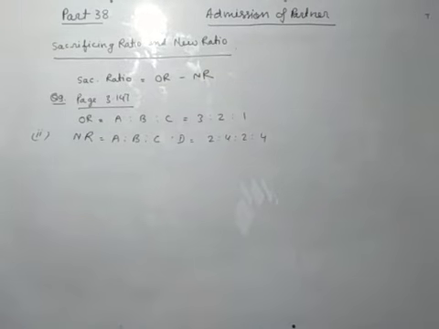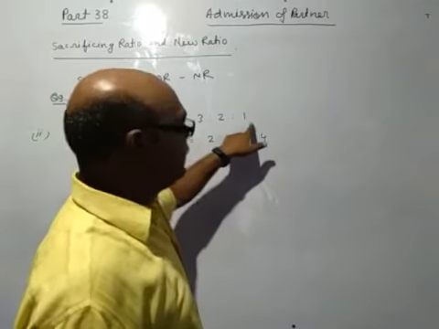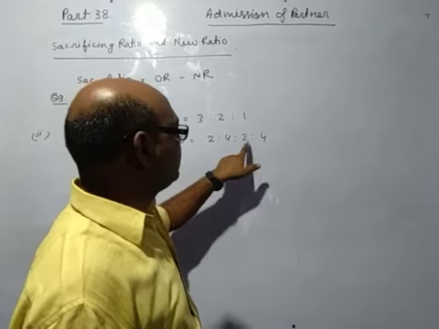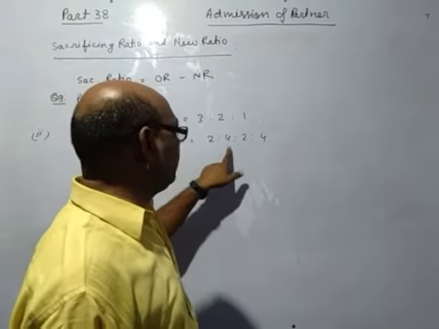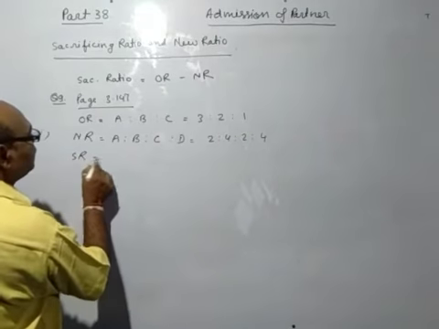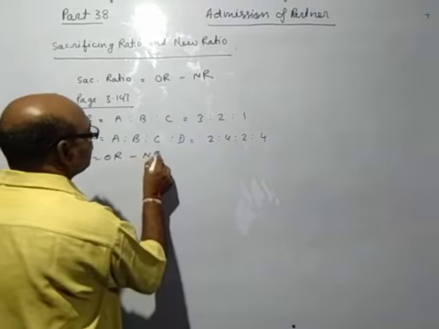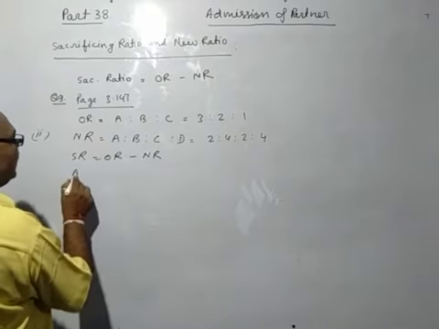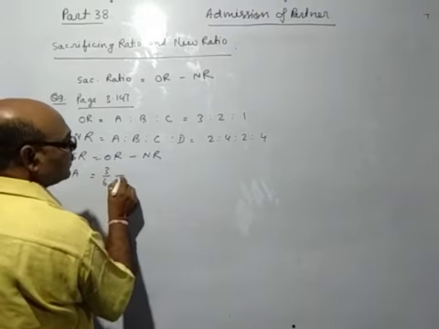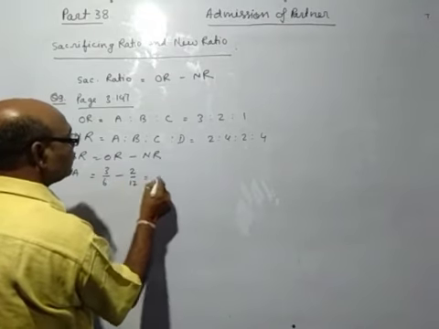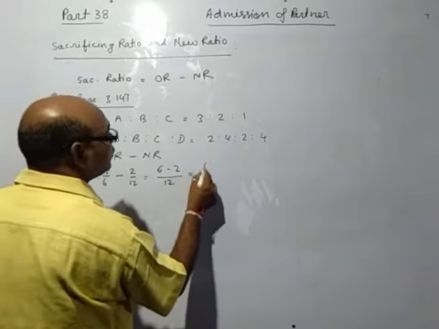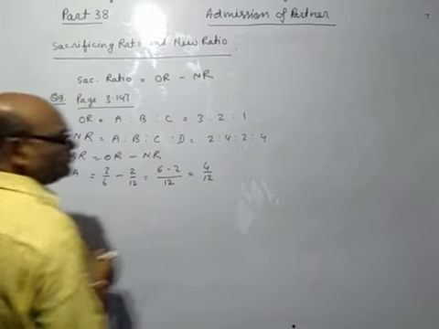Now old ratio 3:2:1, that is 3/6, 2/6, 1/6. New ratio 2 plus 4 is 6, 2 more is 8, 4 more is 12. So 2/12, 4/12, 2/12, 4/12. When you calculate the sacrificing ratio, that is old ratio minus new ratio. For A, old ratio 3/6 minus 2/12. LCM will come 12, that is 6 minus 2, 4/12.